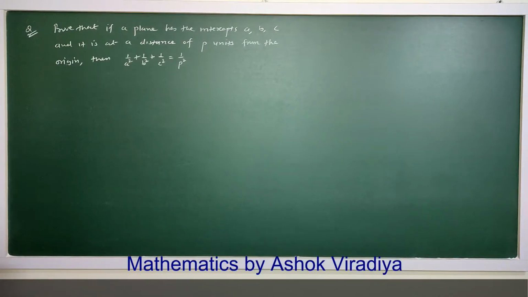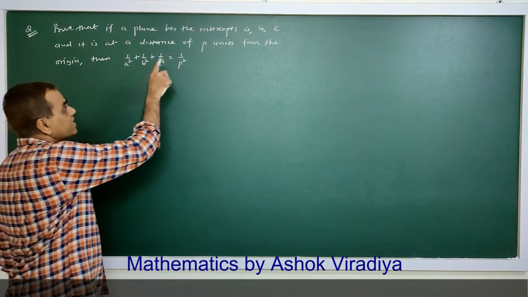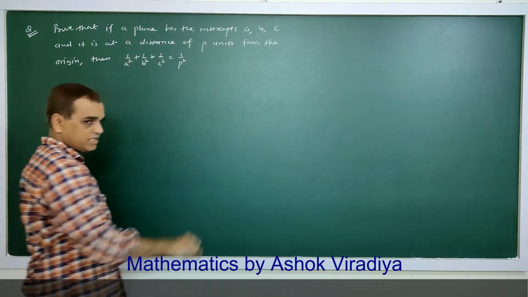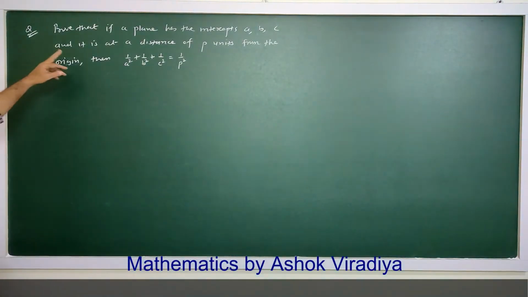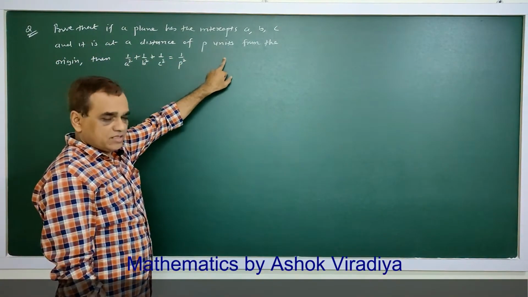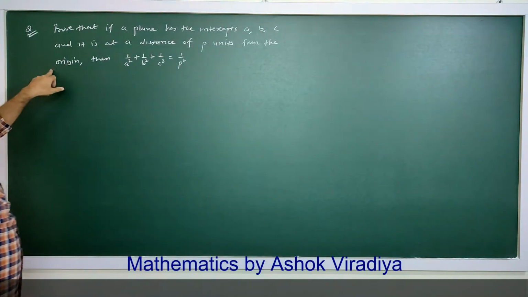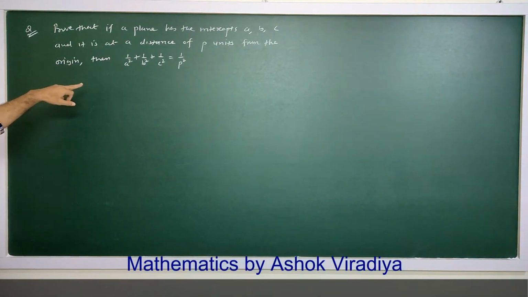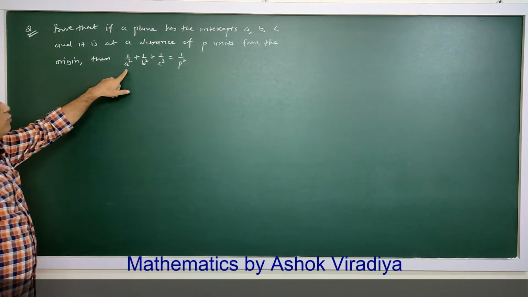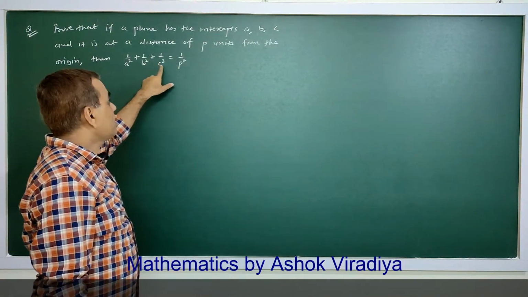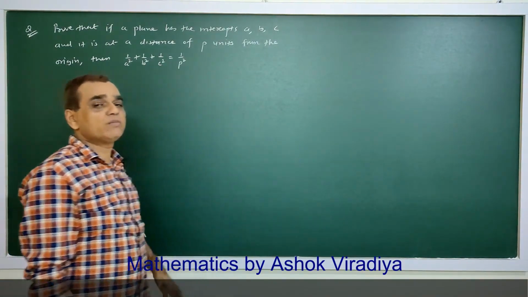Prove that if a plane has intercepts a, b, c and it is at a distance of p units from the origin, then 1 by a square plus 1 by b square plus 1 by c square is equal to 1 by p square.